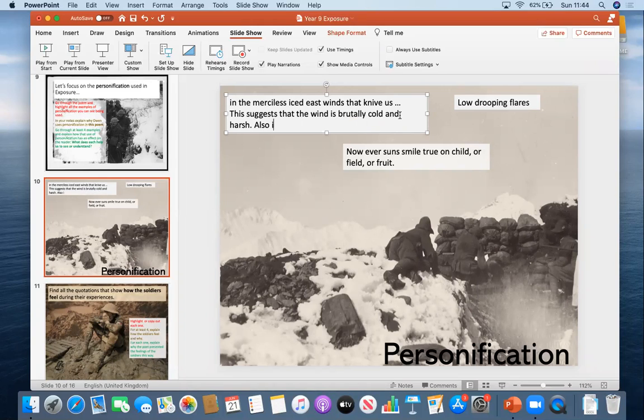Also, it is piercing, because I'm taking that from the word knife. Piercing and sharp, and I'd say actually painful. So that is what that personification suggests to me.